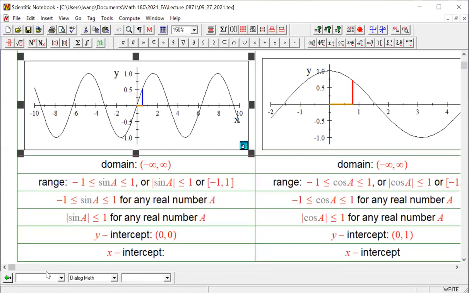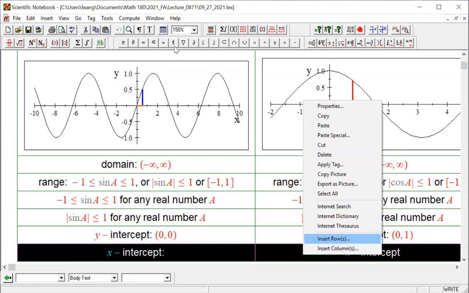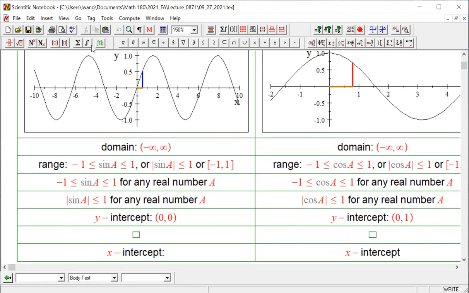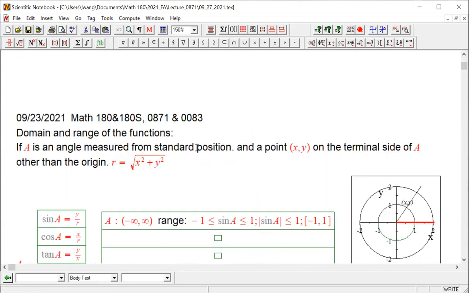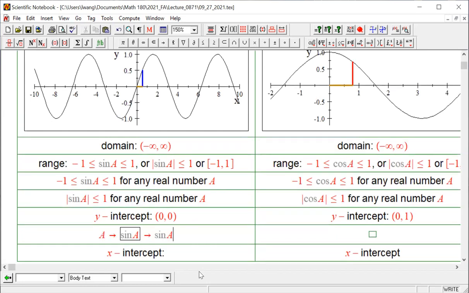So what is the concept of the x-intercept? I'm going to insert another row here. In order to find the x-intercept, what are we looking for? This is the sine function.